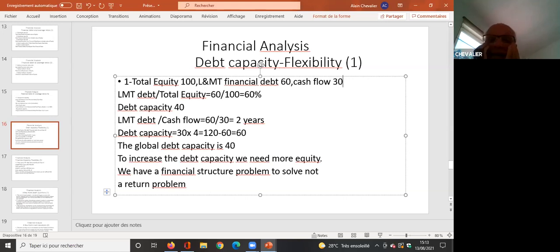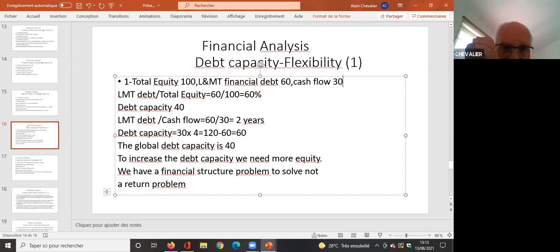If you don't accept more long and medium term financial debt than total equity, that means you find the capacity according to the analysis of the financial structure, which is equal to 40, the difference between 100 and 60. That's what you find. So that means that debt capacity here is equal to 40.